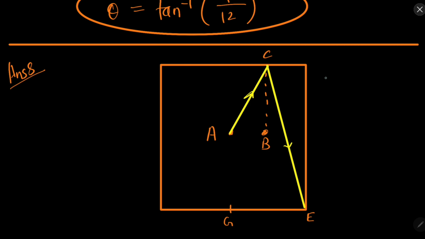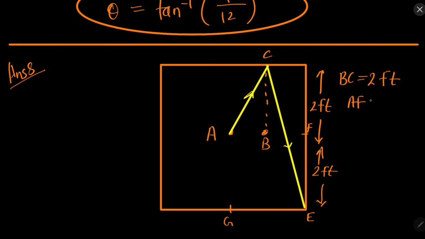So you can easily see that BC will be equal to 2 feet, because this is half, 2 feet, and this is again half, 2 feet. Then let's say this is point F. So A to F is again 2 feet.